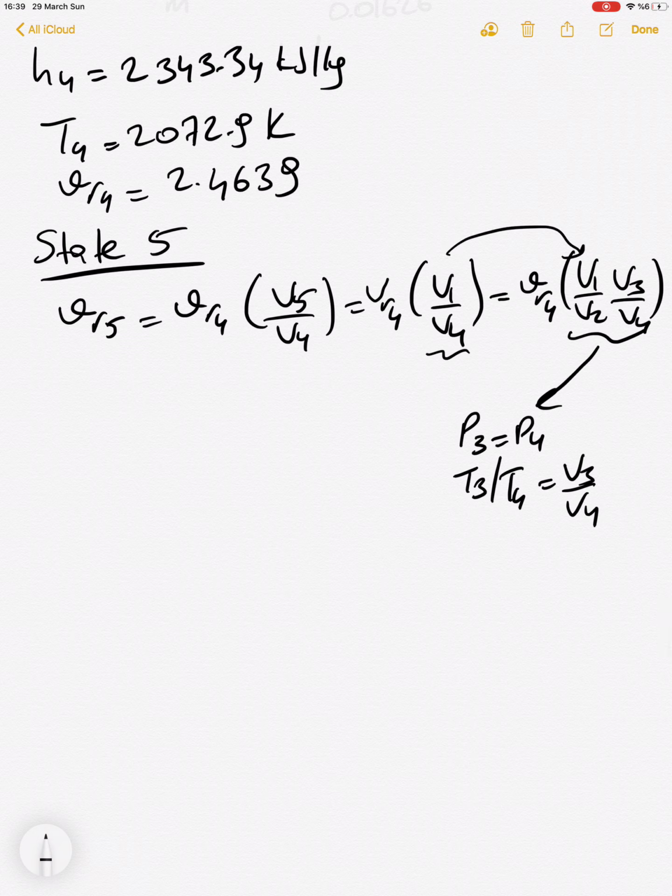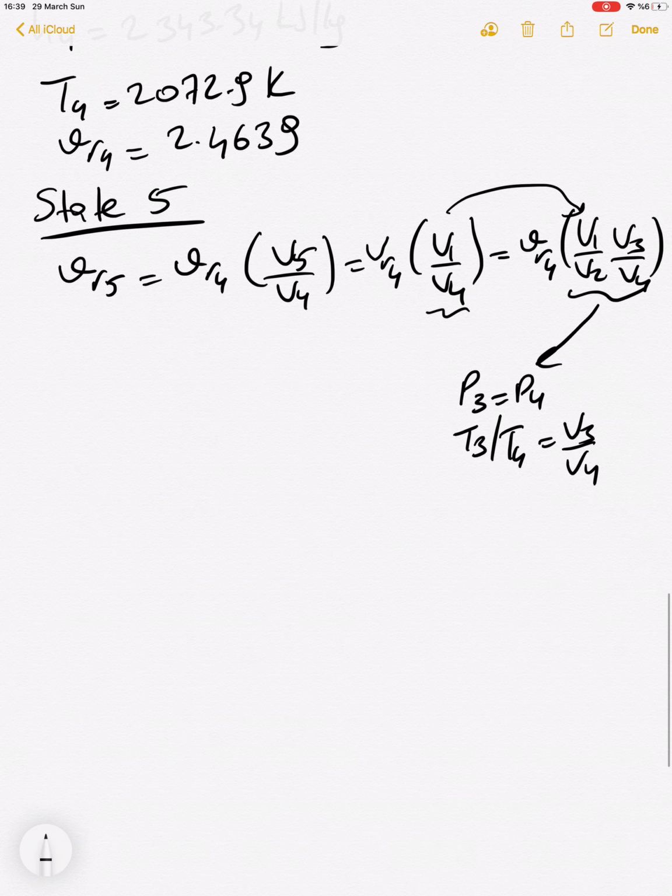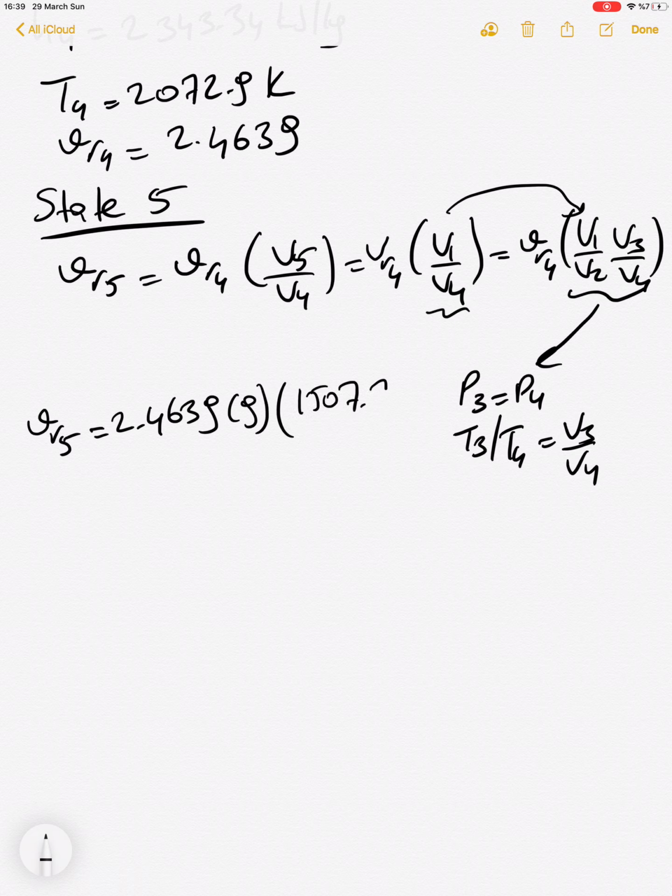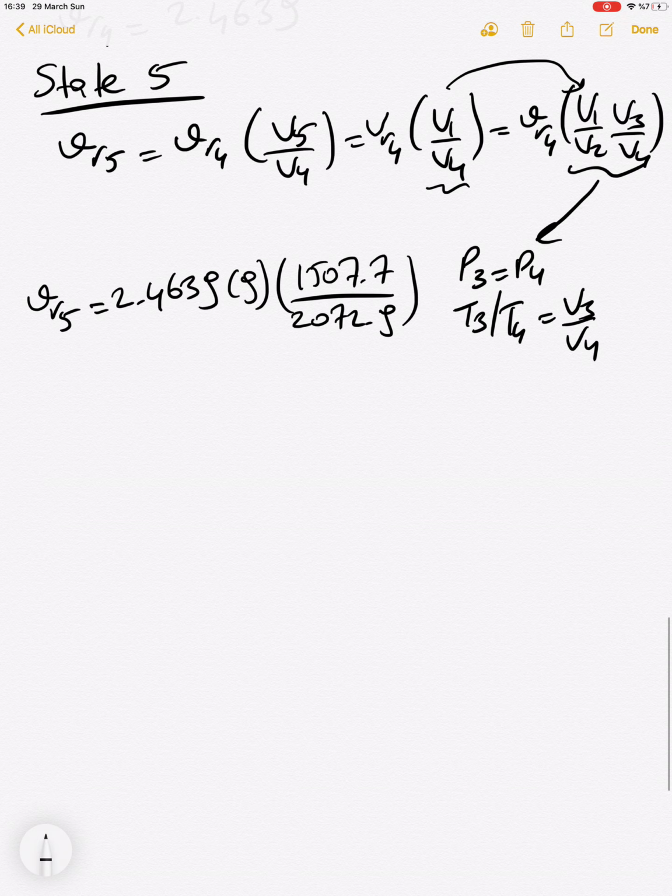And if we put the numbers, VR5 is going to be 2.4639 times 9. This is the compression ratio, times 0.7279, and that's going to be equal to VR5, 16.1298.